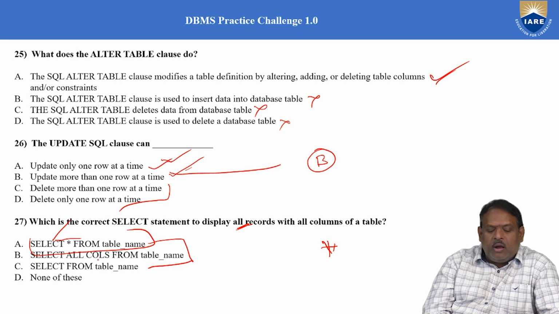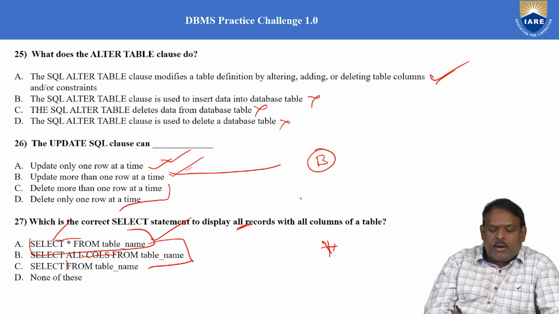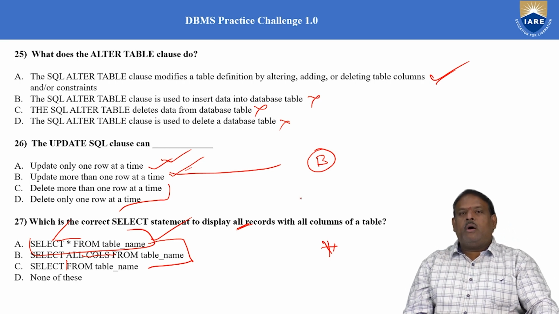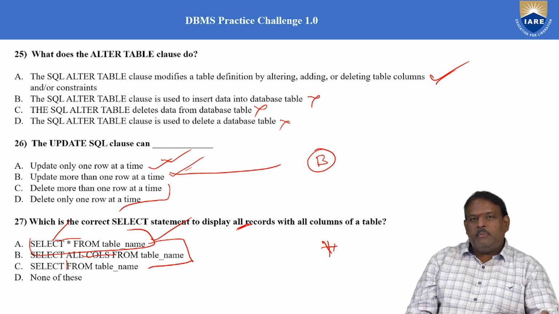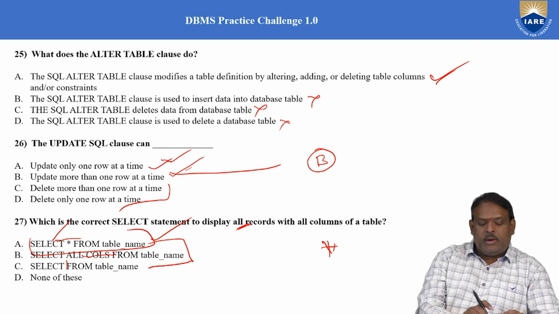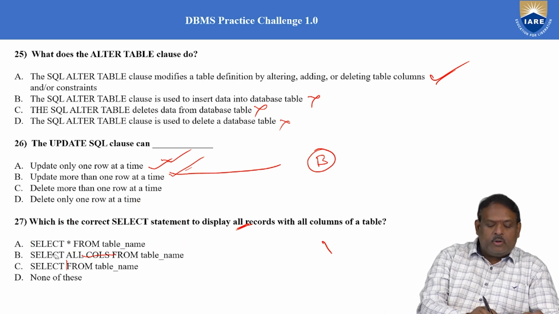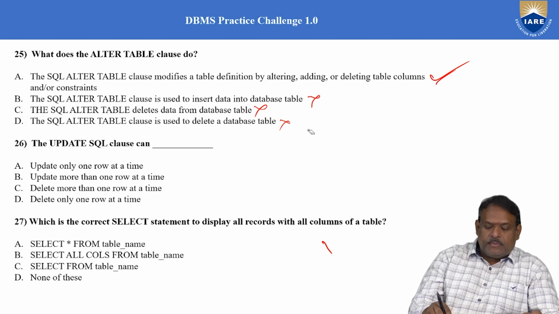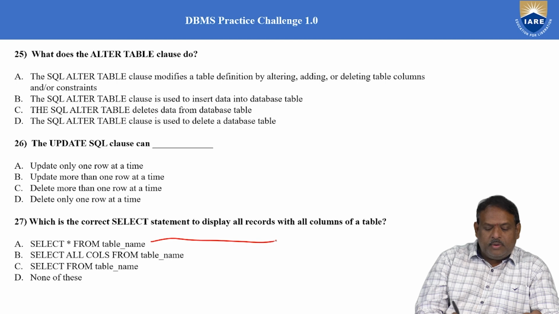Select all columns from database table, this command is not in the database. Select from is not a correct statement. None of this. So option A is correct. Select star from table name will give all the columns from the table. Okay. So the option here is 27, option A.